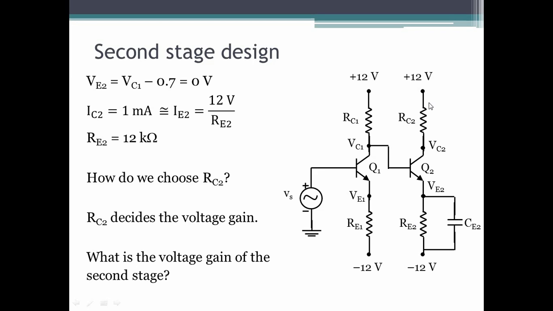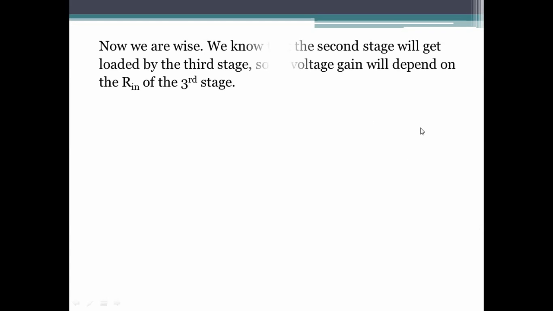The next question we ask is, how about RC? What value of RC2 to choose? RC2, of course, decides the voltage gain, and it also decides the DC voltage at the collector of Q2. So first let's start with the voltage gain. What is the expression of the voltage gain? Now we are wise. We burnt our finger once.